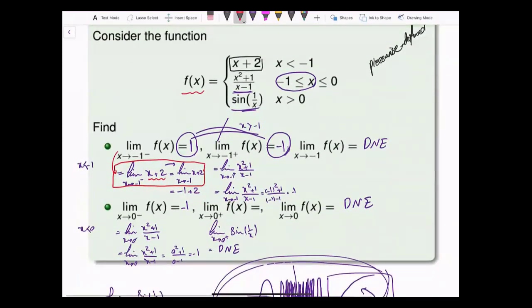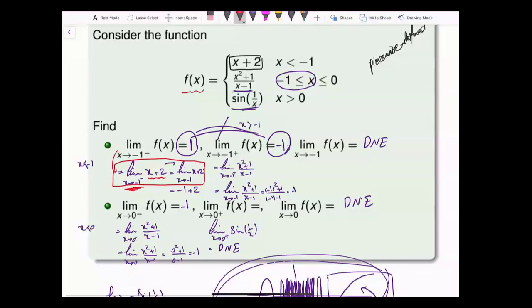That's why I changed the left limit of this polynomial to the limit of that. I didn't change the limit of f of x as x approaches -1 to the limit as x approaches 1. That's not what I did. I saw what is happening for f on that interval, which was a polynomial. Polynomials have limits, so the left limit, right limit and general limit are going to be equal.